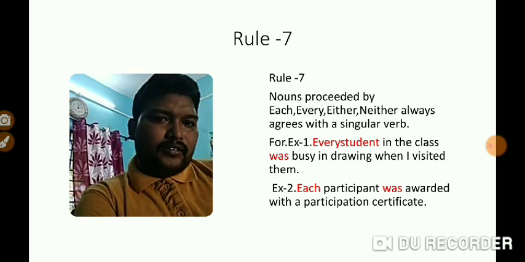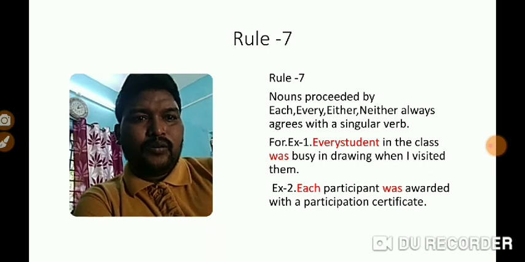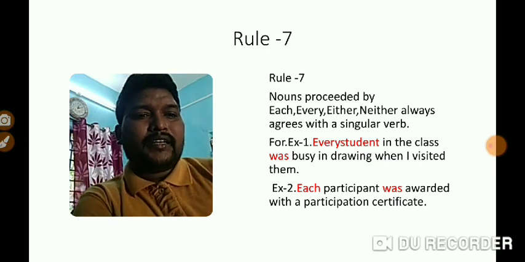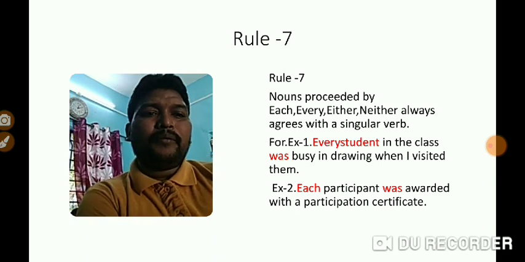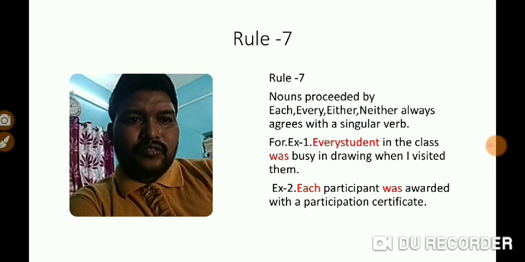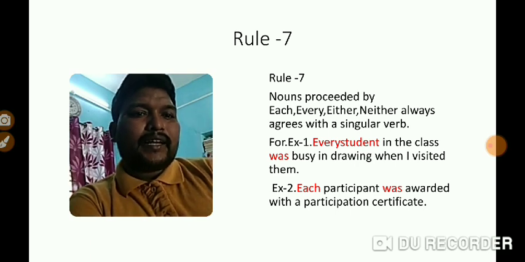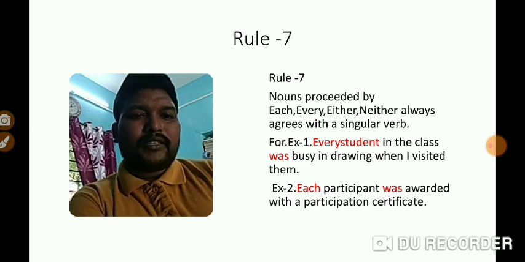That's why if the subject is referring to something singular, then definitely the verb also would be singular. So here we have a singular verb was, right? Clear? Every student in the class was busy drawing when I visited them.